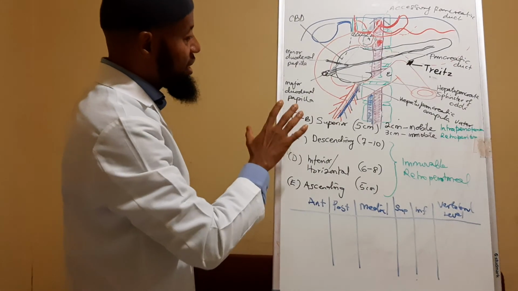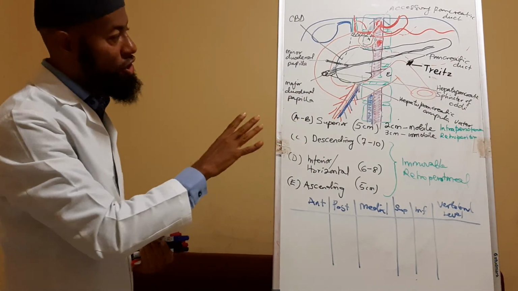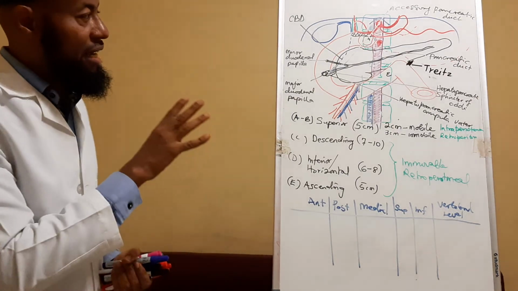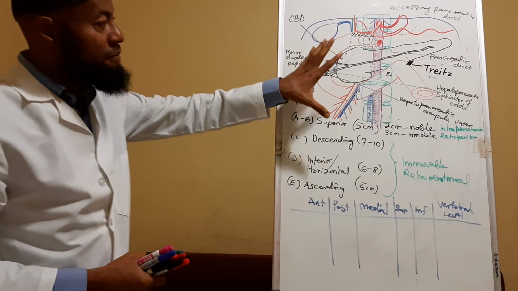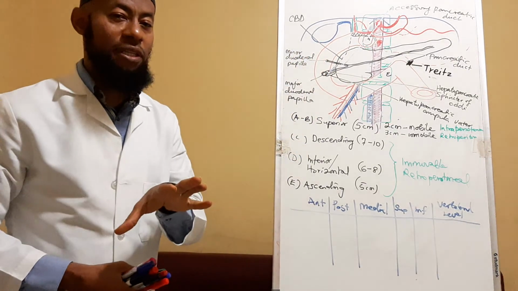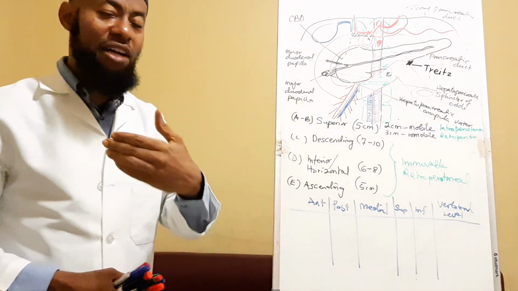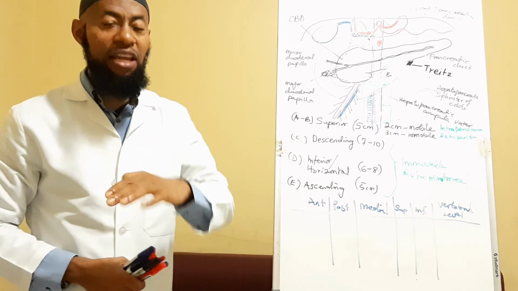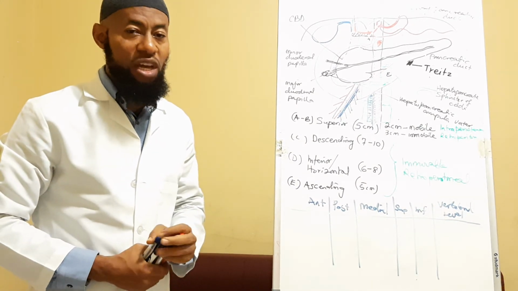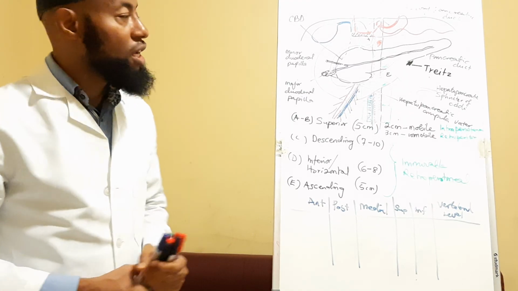Okay, now these are very important structures that you should know in gross anatomy, knowing the relationship of the different parts of the duodenum, structures that are found anterior, posterior, medial, superior, inferior, and the level of the vertebral body where these structures are found.